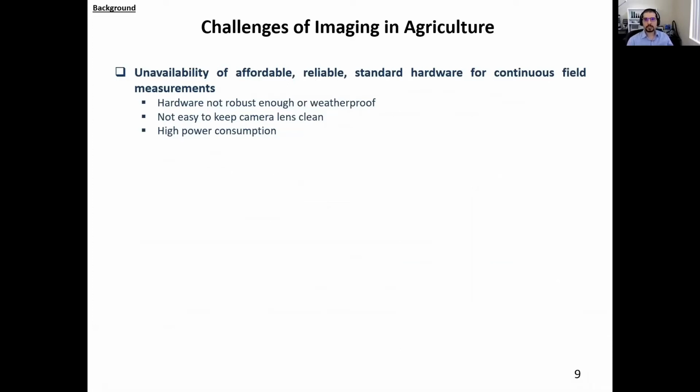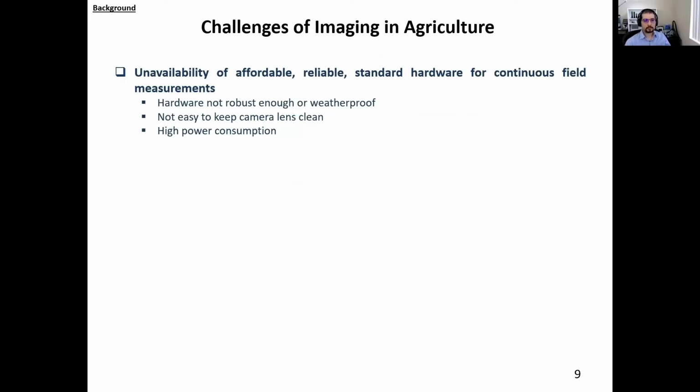Despite all the interest and investment in imaging in agriculture, it's not easy to do it. And why? These are the challenges that I have personally faced when trying to use imaging in agriculture. Affordable, reliable, standard hardware for continuous field monitoring is not available.